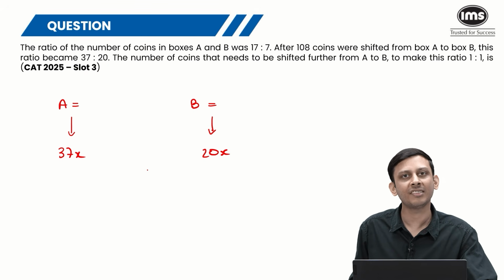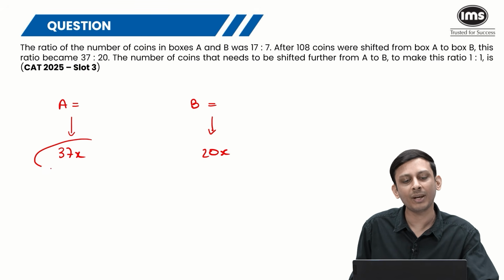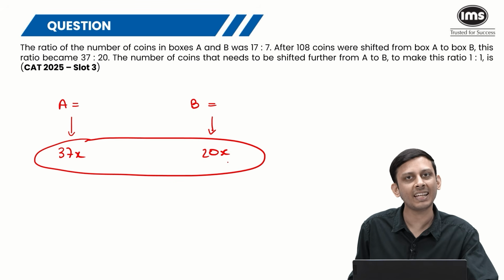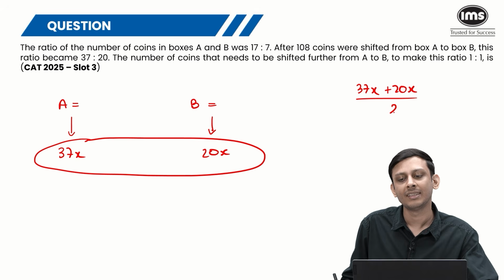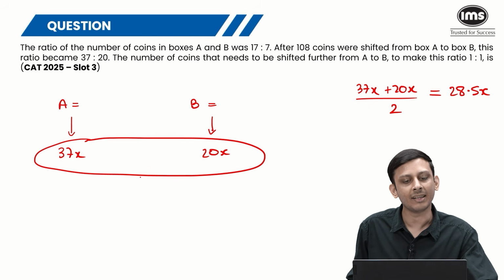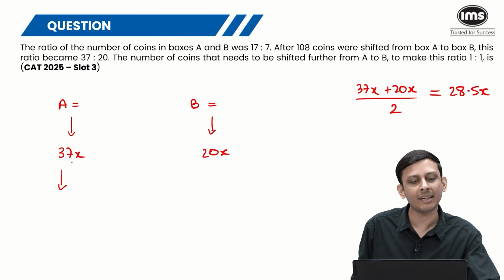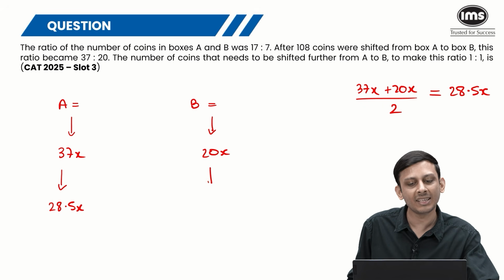So here we could have taken 37x and 20x. And this would have been easier because now we can very quickly see that 37x and 20x, the average, 37x plus 20x by 2, 57x by 2, that would be 28.5x. So we could have thought that if we want to make them equal, then A has to reduce by something to become 28.5x and B has to increase by something to become 28.5x.